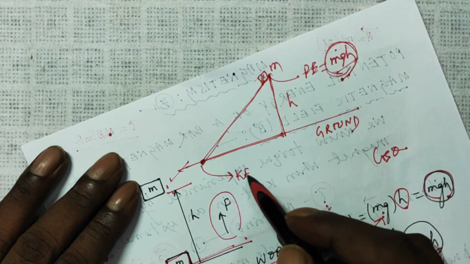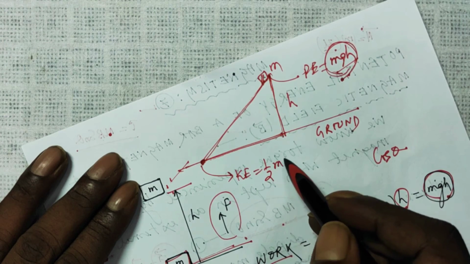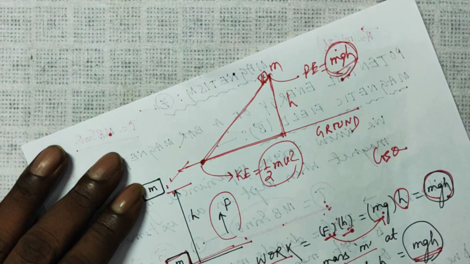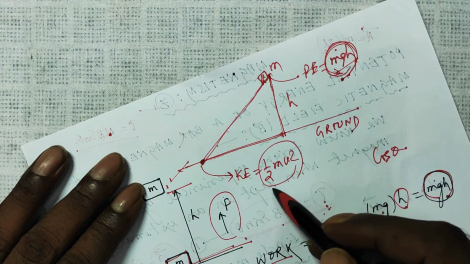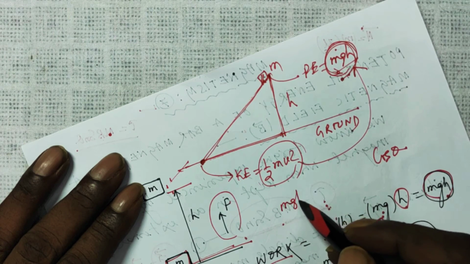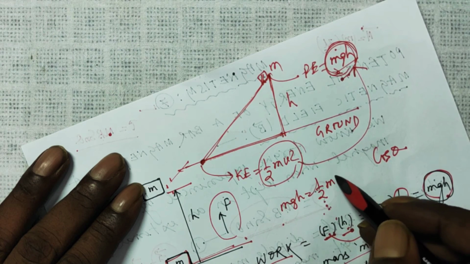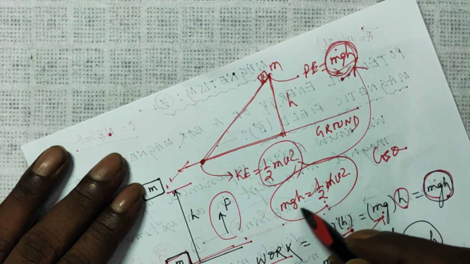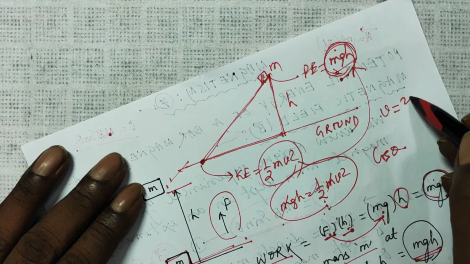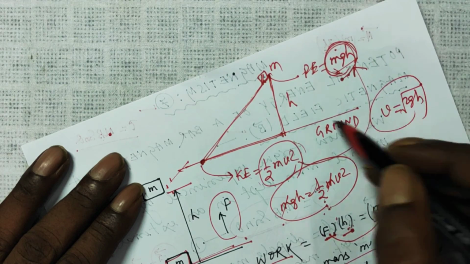So here the kinetic energy will be half mv square. If there is no loss of energy while sliding, if there is no friction, therefore mgh is equal to half mv square. The m cancels, so you can find v. So your v will be equal to the square root of 2gh if it is sliding.